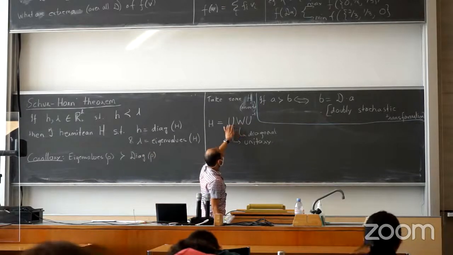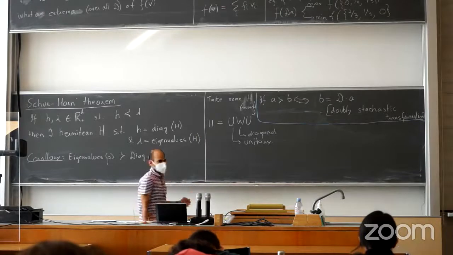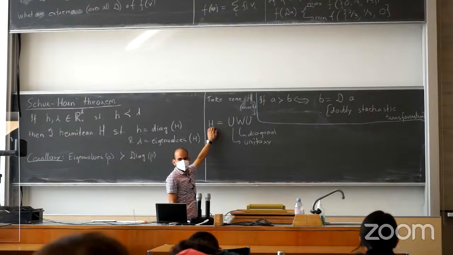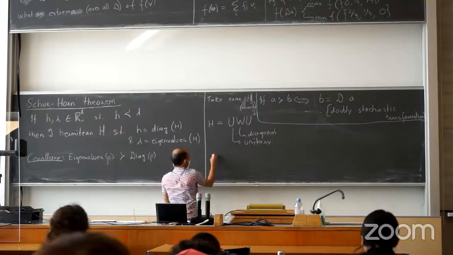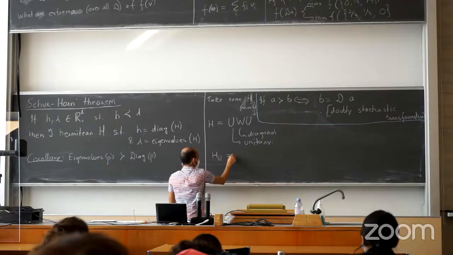Now let me write this whole thing as a matrix multiplication. In particular, I want to look at the diagonal elements of this H. So what is the diagonal element of H? This is going to be some H_ii. What is that equal to? Now I just use matrix multiplication.